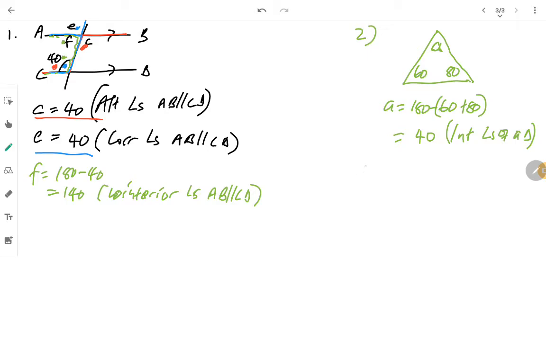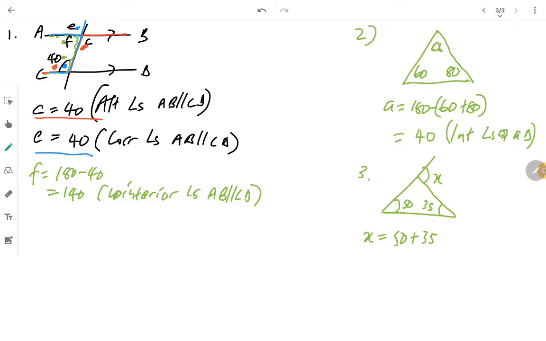Then, example number 3. So I want to say this is 50 and this is 35. I want to calculate what is x here. So what is the value of x? X is 50 plus 35.